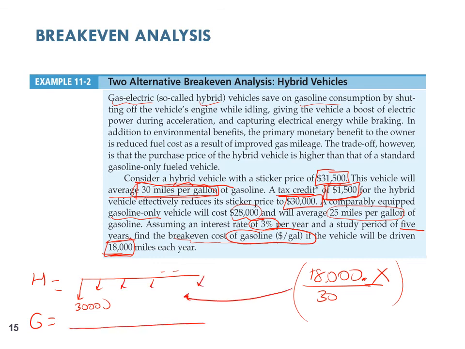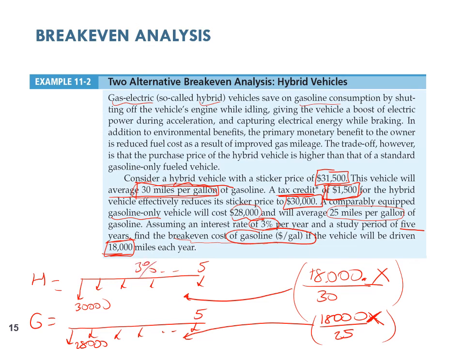Similarly, for the second one, initially I am paying 28,000, and each year I am still traveling the same amount, but this time I am traveling 25 miles per gallon, and if the gasoline price is X, this is the amount that I am paying each year. And the study period is 5 years, and the interest rate is 3%.